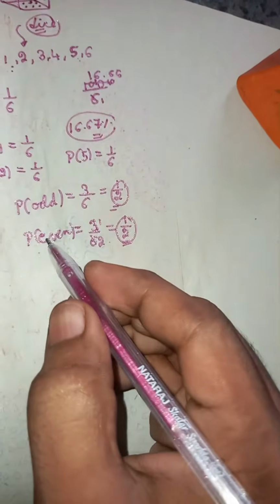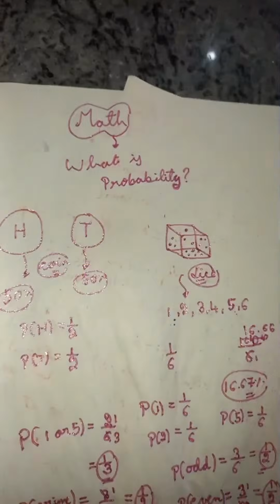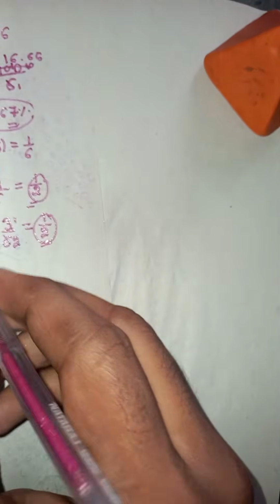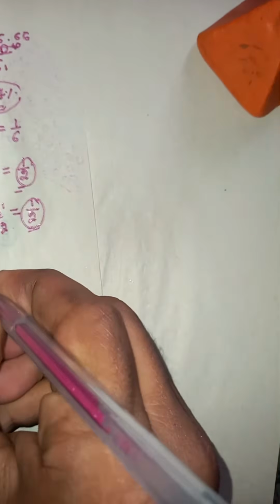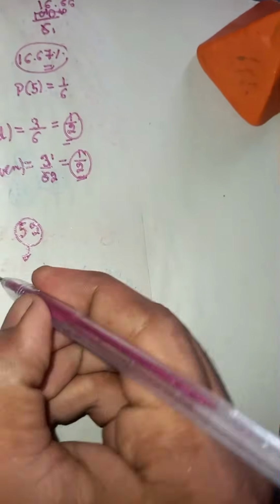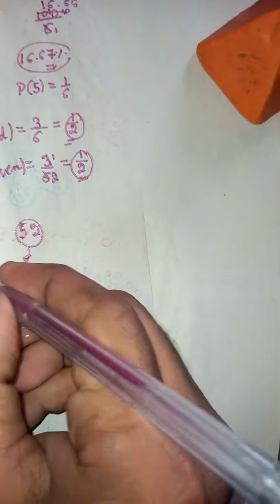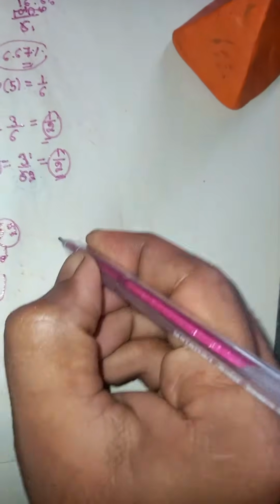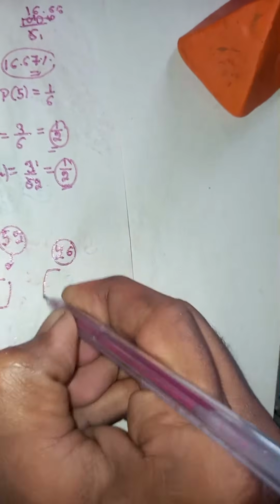Now we're going to talk about the probability when you count out cards. In a deck of cards there are 52 cards. You can divide the 52 into two main groups: 26 black cards and another 26 red cards.